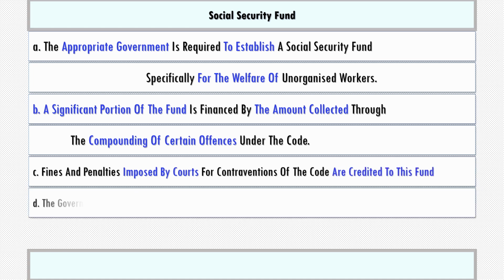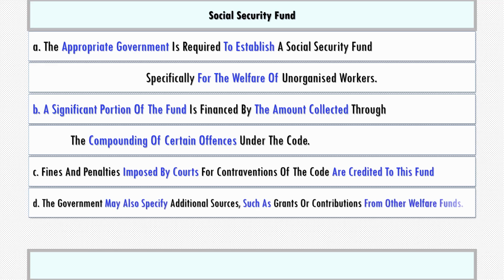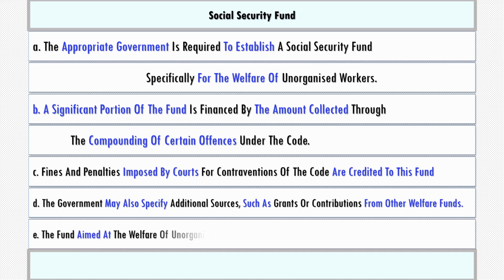Government may also specify additional sources such as grants or contributions from other welfare funds. The aim of the fund is the welfare of unorganized workers on health benefits, accident insurance, and life cover.